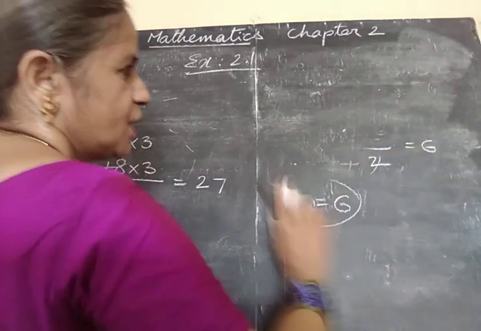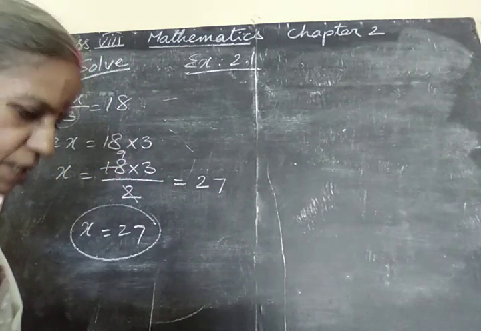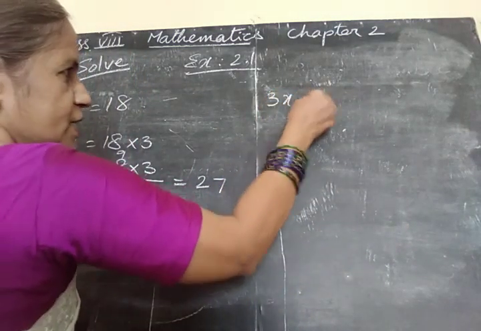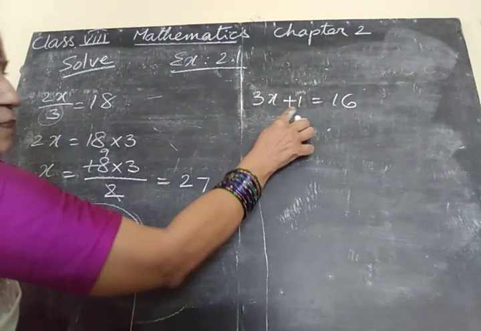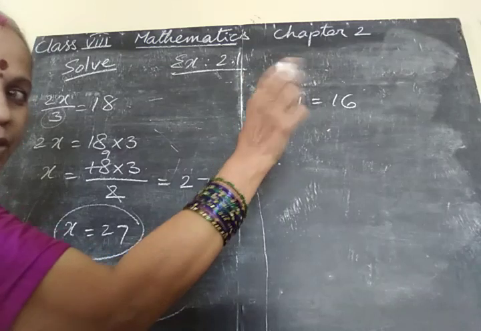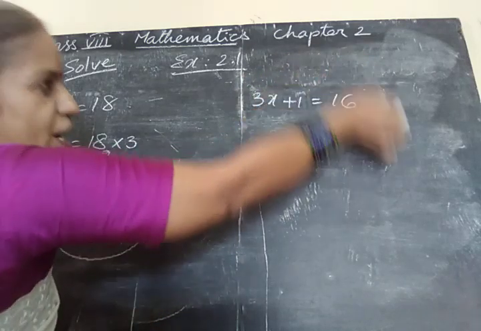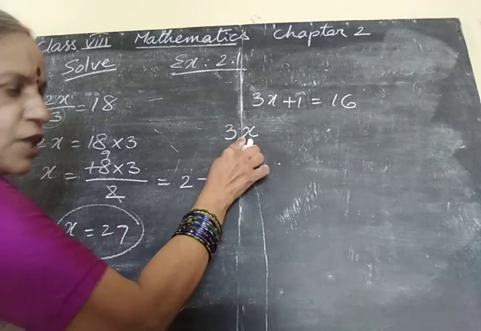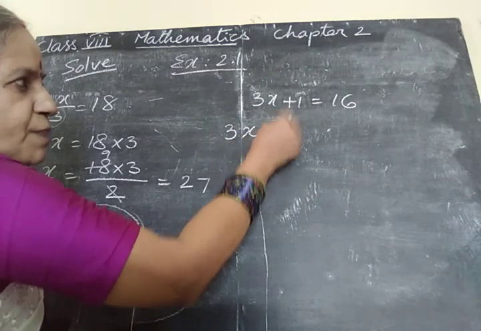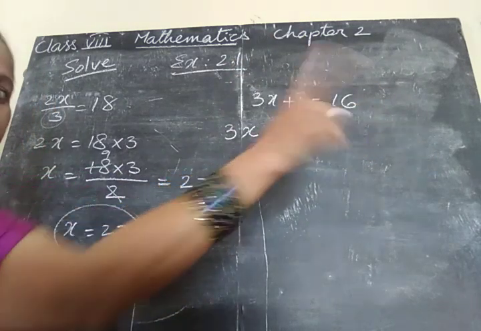See, one more example I will say. 3x plus 1 is equal to 16. Here the plus 1 is separate, na. That plus 1 first transposes to RHS. While transposing plus 1, you leave 3x only on the LHS. Plus 1 while transposing to RHS becomes minus.